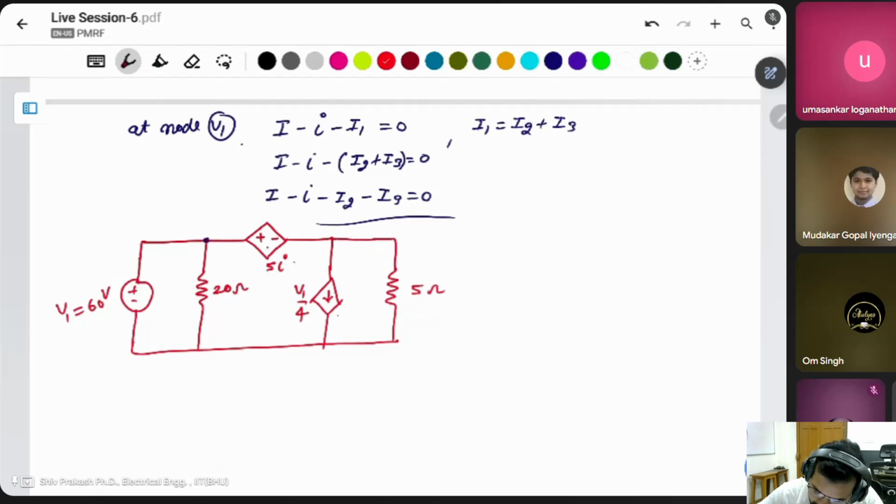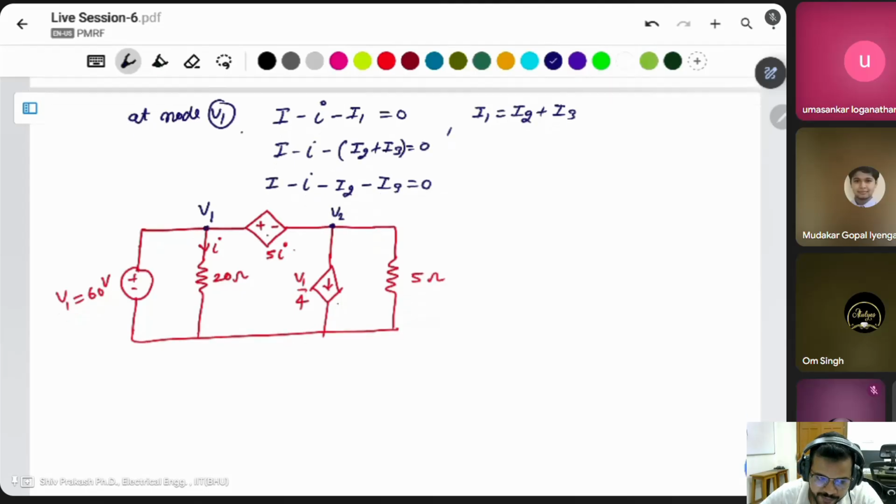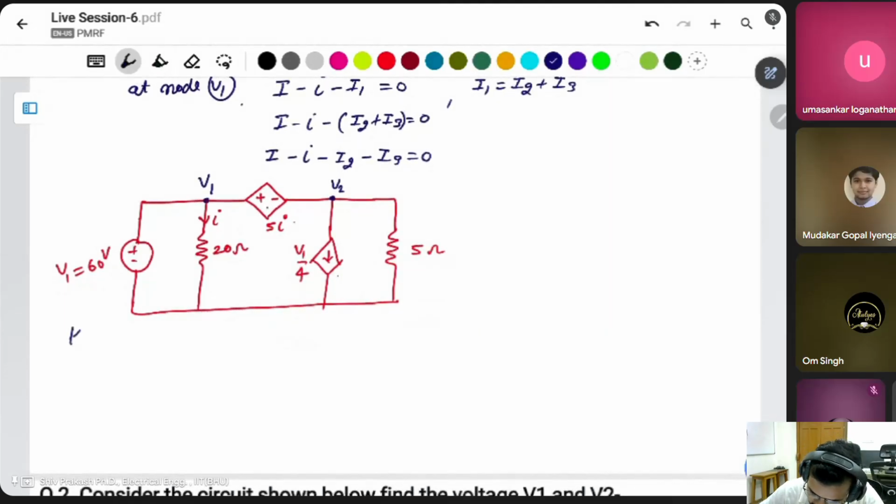I is given as this one. Take note, V1 here, this is V2. KCL at node 1. Let this current be I. Incoming current we take as positive, so I, and outgoing is negative, minus this current V1 by 20.